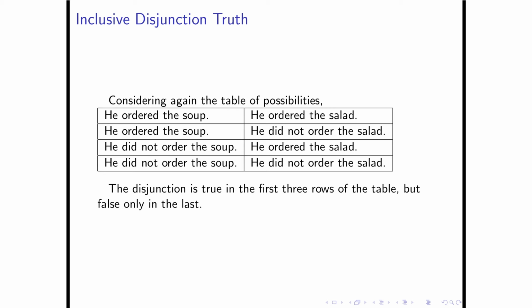Let's look at the truth values. So a disjunction, at least here, we can kind of tell that, could you order the soup and the salad? Well, I think in most normal contexts, you would think it should be possible. And so a disjunction like this we call an inclusive disjunction because it is true even when both of the constituents are true.